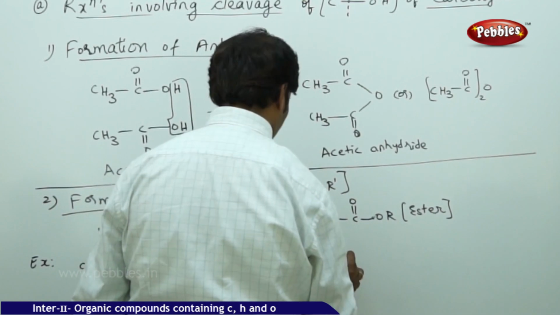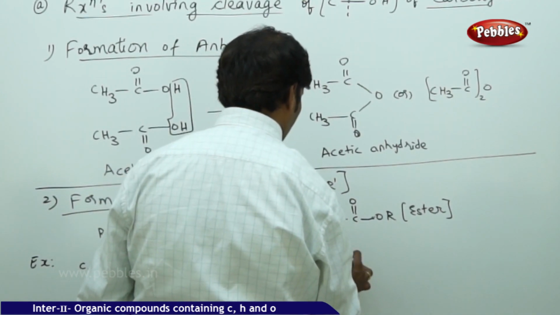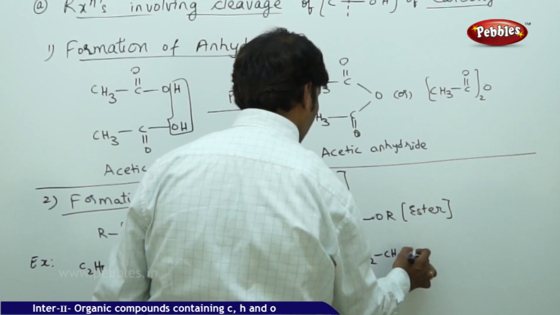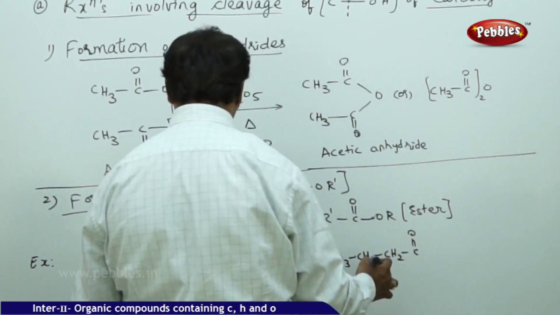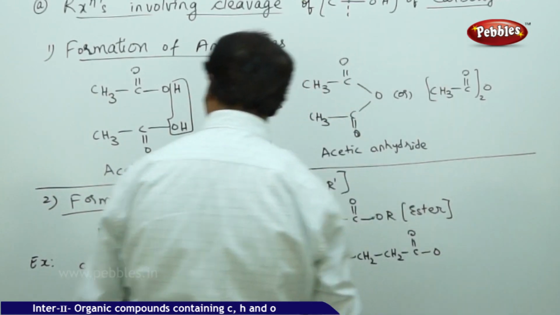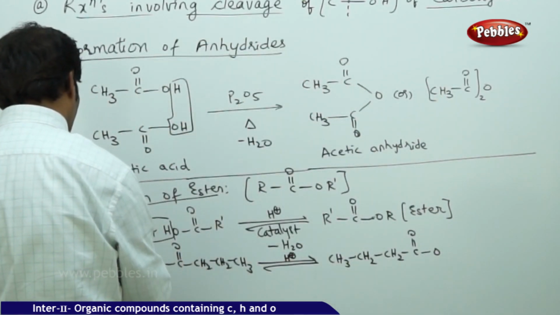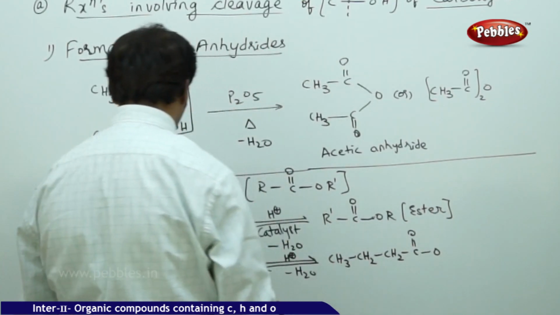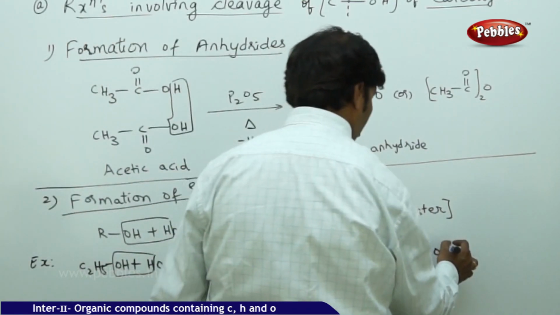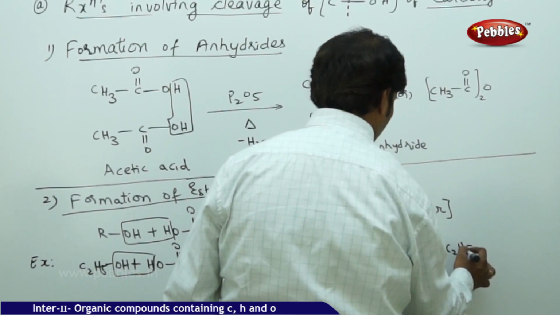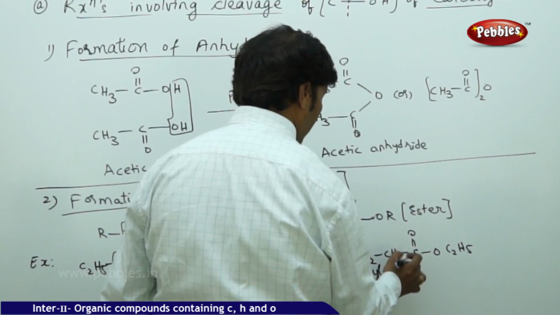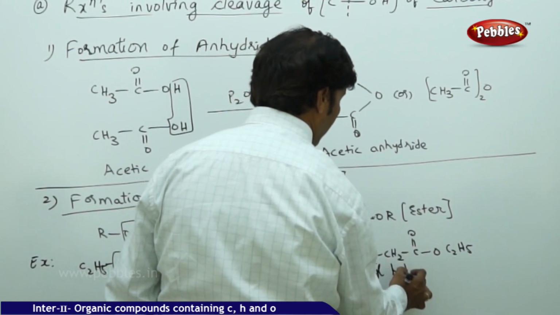So this becomes CH3 single bond CH2, again CH2 single bond carbon double bond oxygen O, minus one molecule of water, H2O. So you get here C2H5. I can write this as ethyl butanoate.